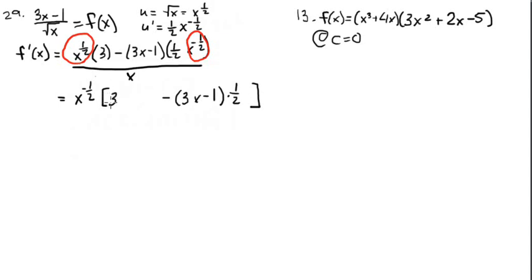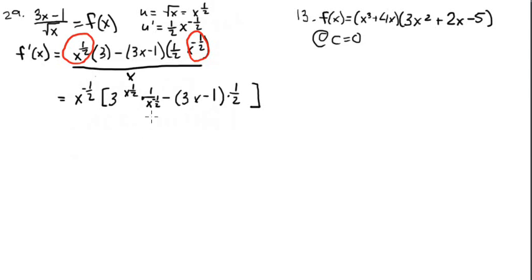So what happens over here? Well, we have a 3, we have an x to the 1/2, and any time that you factor out something from a term, it's just like dividing by that thing that you factored out. So let's say to this term, we can multiply by 1 over x to a negative 1/2.